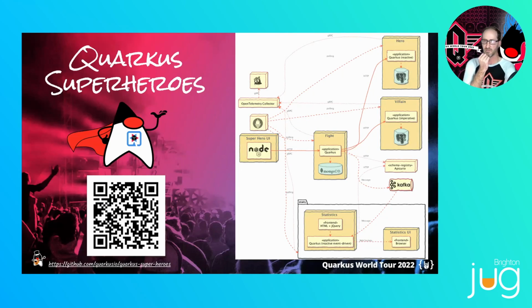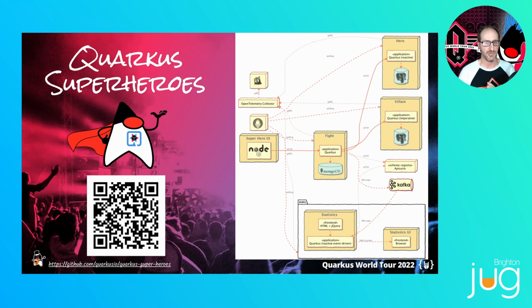So just some extra resources for you. If you aren't familiar with it, Spring has its Pet Clinic as a sample application to learn how to do stuff in Spring. Quarkus has the Superheroes, which is a microservices-based set of applications for showcasing different things that Quarkus can do.